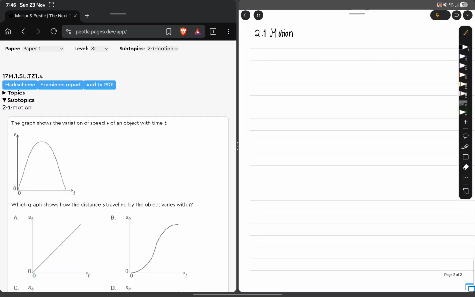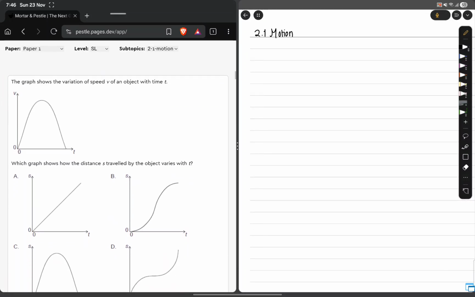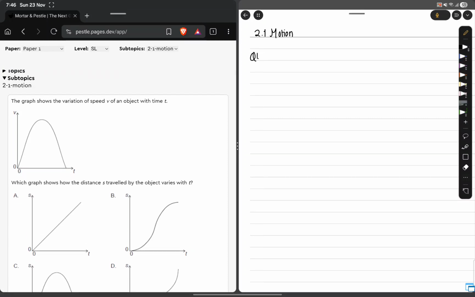Alright then, the first question we have is, the graph shows a variation of the velocity with time, velocity 0, and it's being a parabola.